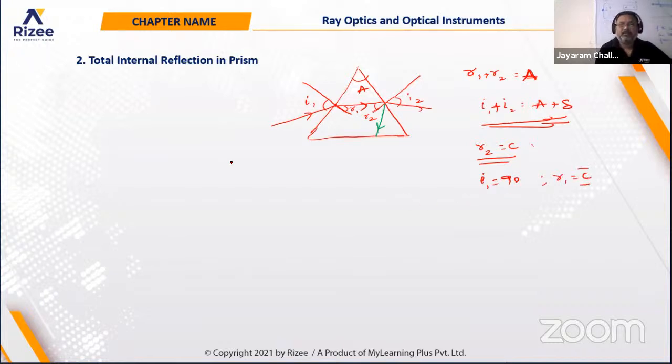If both are the same, then 2C is equal to A, that is, the critical angle C is equal to A by 2. This is the condition where the light ray grazes through the surface.